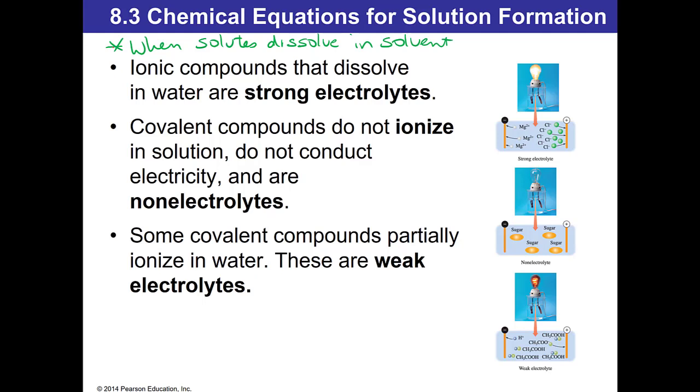So they characterized compounds that have the ability to form ions from compounds that don't. When you take a solute and dissolve it in a solvent, and for us we'll just talk about water, you can characterize what that solute does. Does it just dissolve completely, or does it actually separate and form ions?